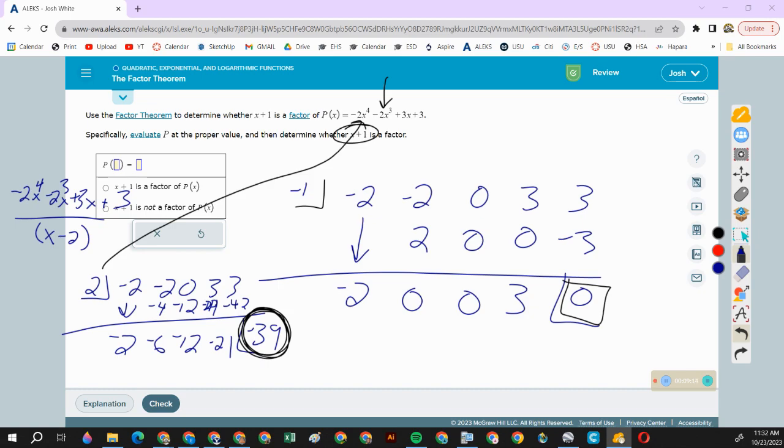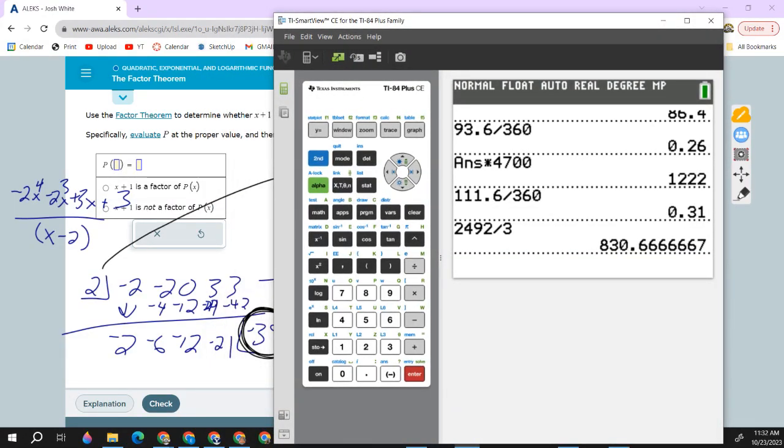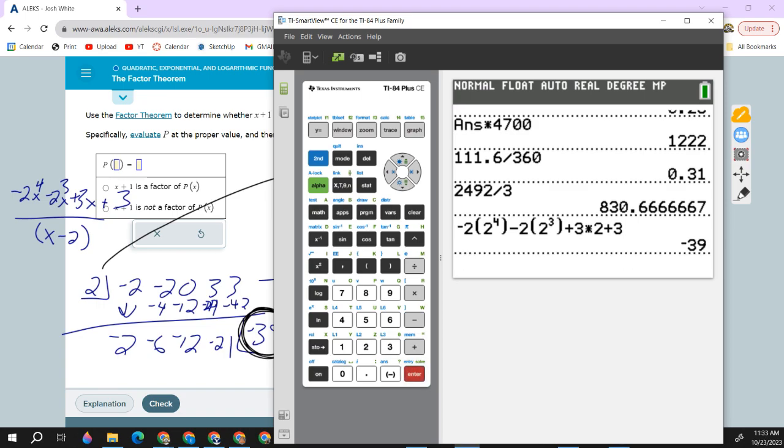So if I type in negative 2 times 2 to the 4th minus 2 times 2 to the 3rd, plus 3 times 2 plus 3. Look at that. So what is the significance of negative 39?